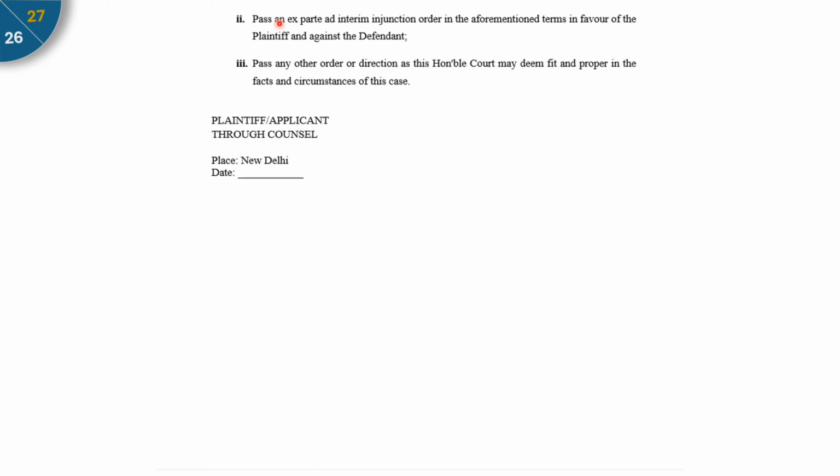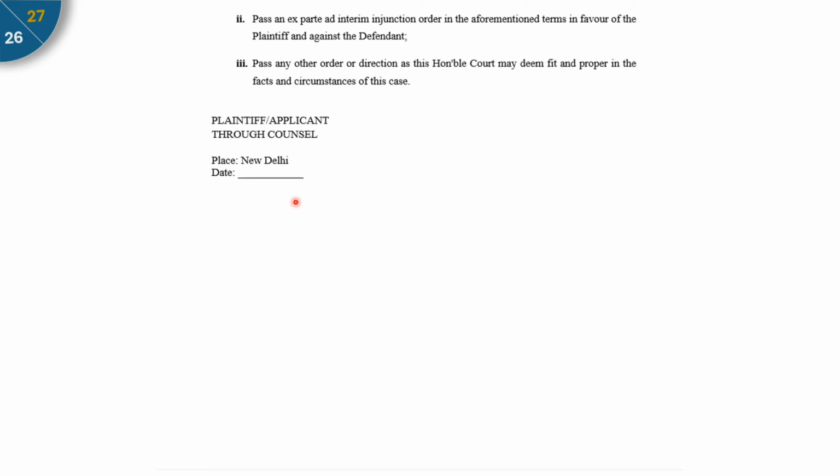And finally, the plaintiff or applicant, through the counsel, with the place and date. This is the formal closing, and in a complete filing, this would typically be accompanied by a separate affidavit verifying the facts, which we discussed earlier when we covered the before-you-file checklist.